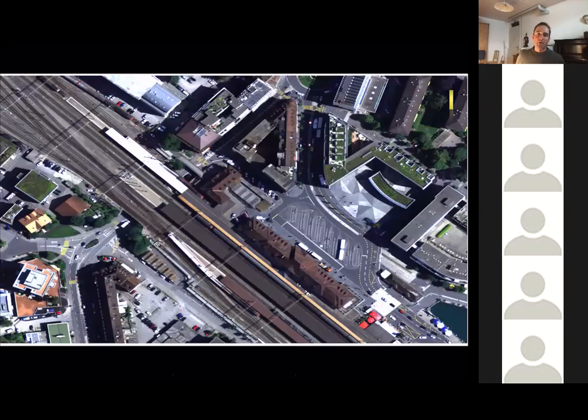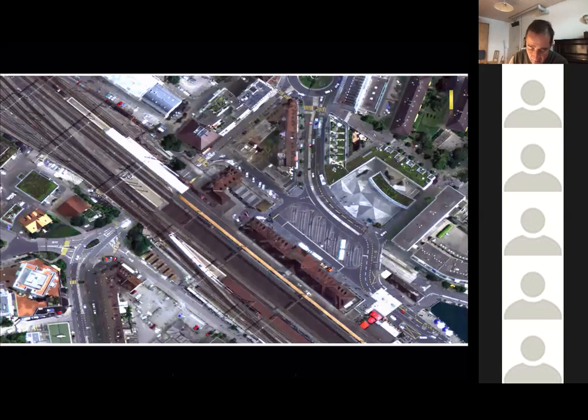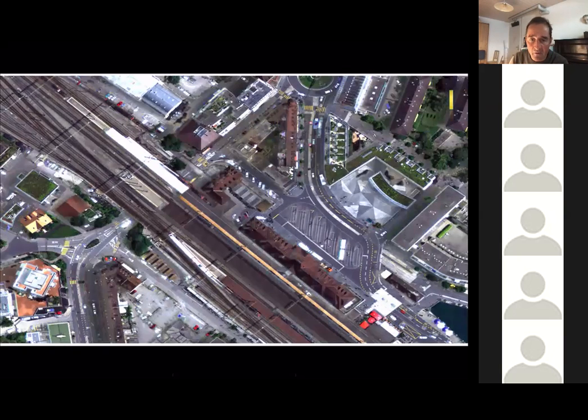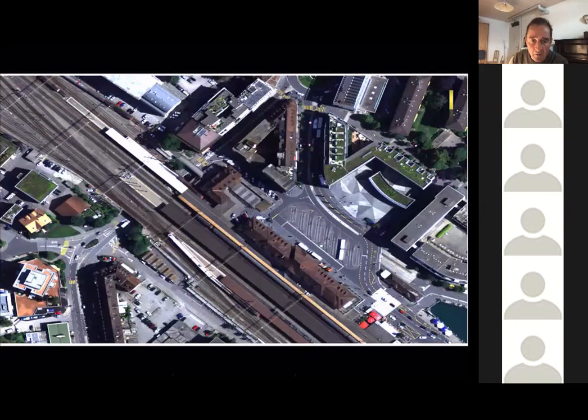Here's another example for very high resolution data, like photogrammetric data, where we applied the same method. So you can reduce the shadows also by calculating the diffuse irradiance, but you need to detect the shadows first. And that's Thun train station, by the way. But you may also see problems here.